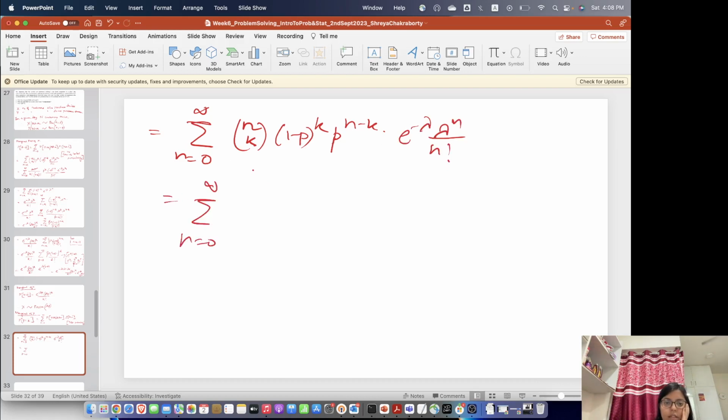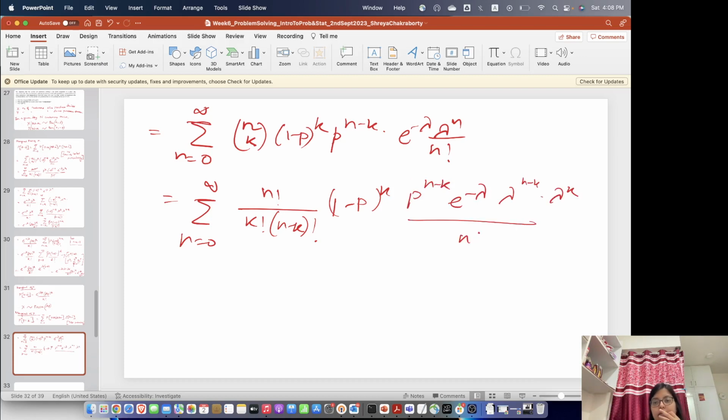Again if we do this, n factorial by k factorial, n minus k factorial, p to the power k, 1 minus p to the power n minus k, e to the power minus lambda, lambda to the power n by n factorial. So this will cancel. This will be from k again. Okay, here also be careful, this will be from k, because n minus k can never be negative.